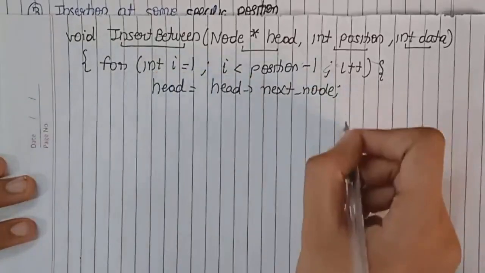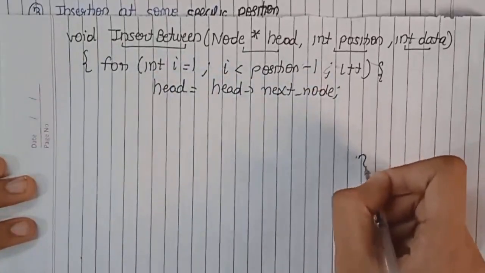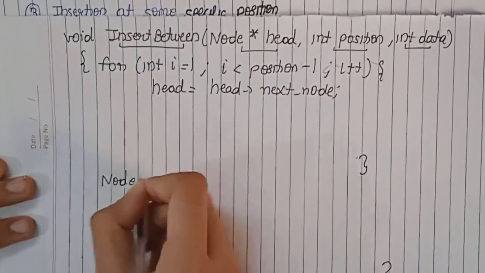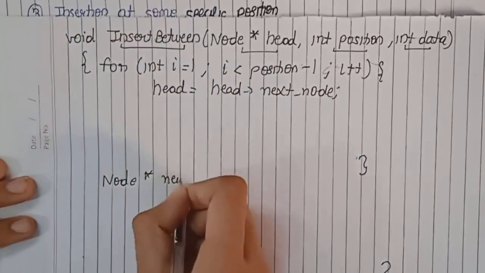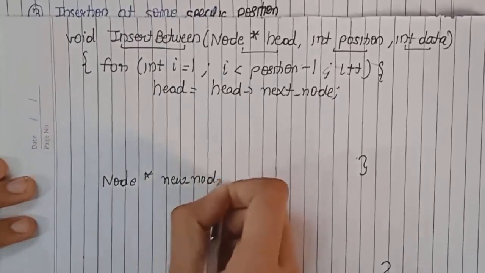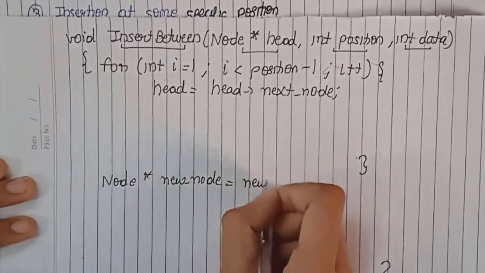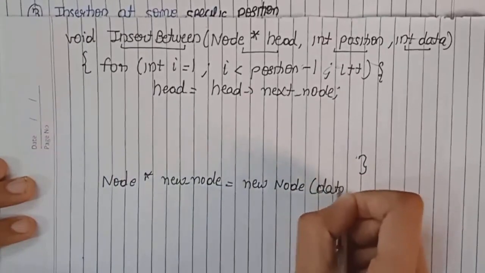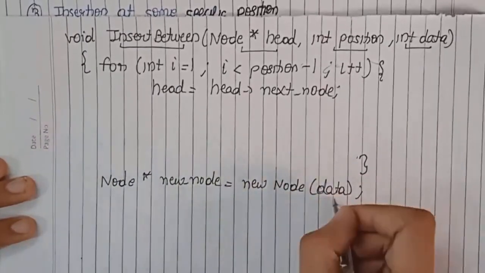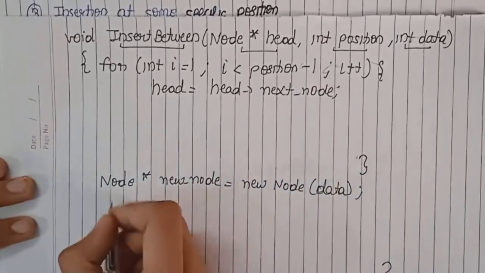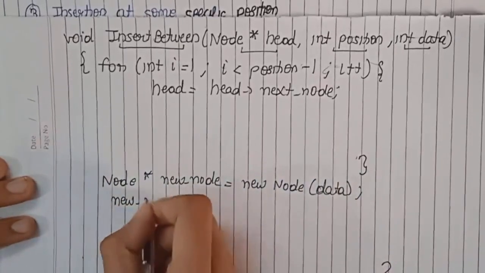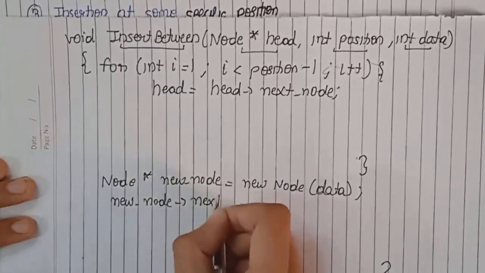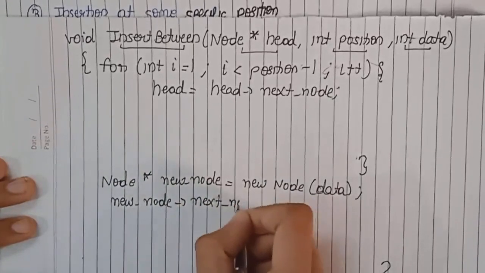So now this was my for loop, and after this for loop, our next step was to create the new node with the data that the user has provided us. So here with this code line I have created the new node, and now I will be just writing the code that I have just told you during the explanation.